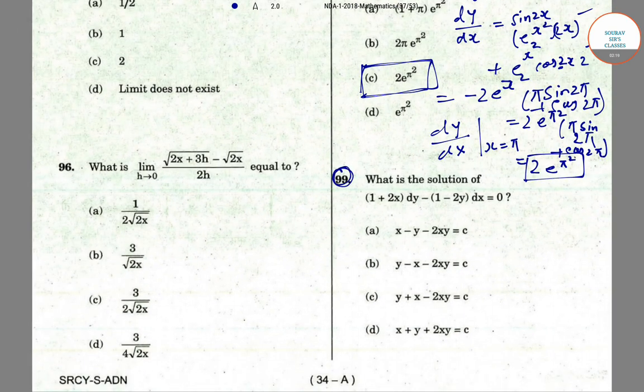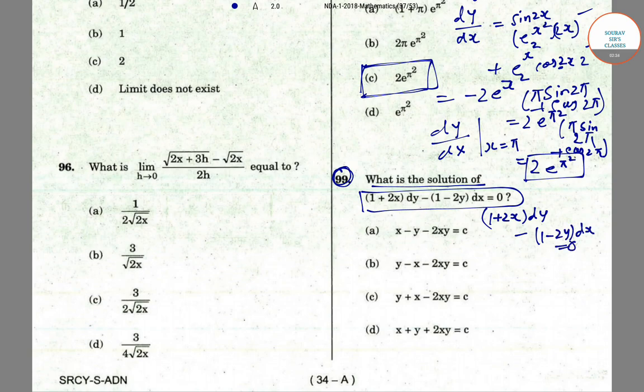In question number 99, it is asked what is the solution for this, which is given as (1 plus 2x) dy minus (1 minus 2y) dx equals 0. So what will be the solution? For this, allow me to take a page here.